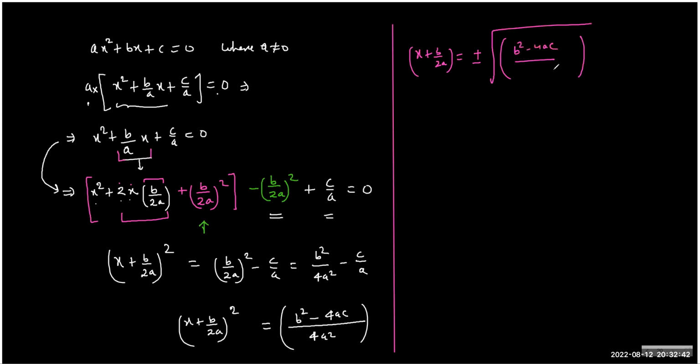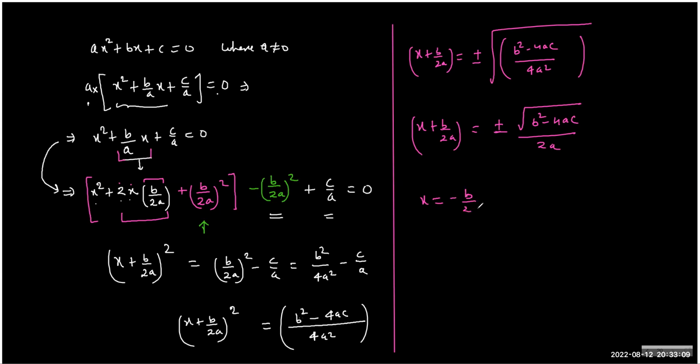Yes or no? Can we write like this, guys? Tell me. Yes, sir. And this we can attach under root of b square minus 4ac, and 4a square we can attach as 2a. Okay, so now this is either plus or minus. So what is the x value?